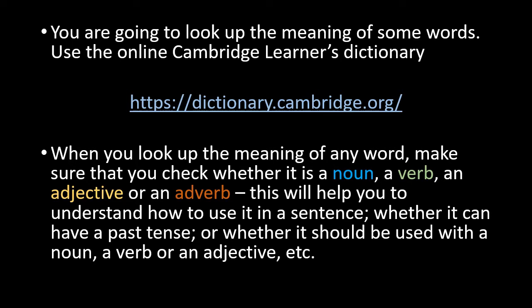When you know what type of word it is, this is going to help you to understand how to use that word in a sentence, whether it can have a past tense, if it's a verb, or whether it should be used with a noun, if it's an adjective, or if it has to be used with another verb, like an adverb, or with an adjective, etc. So make sure you don't just look up the meaning, but you understand which part of speech it is, so then you can use it.